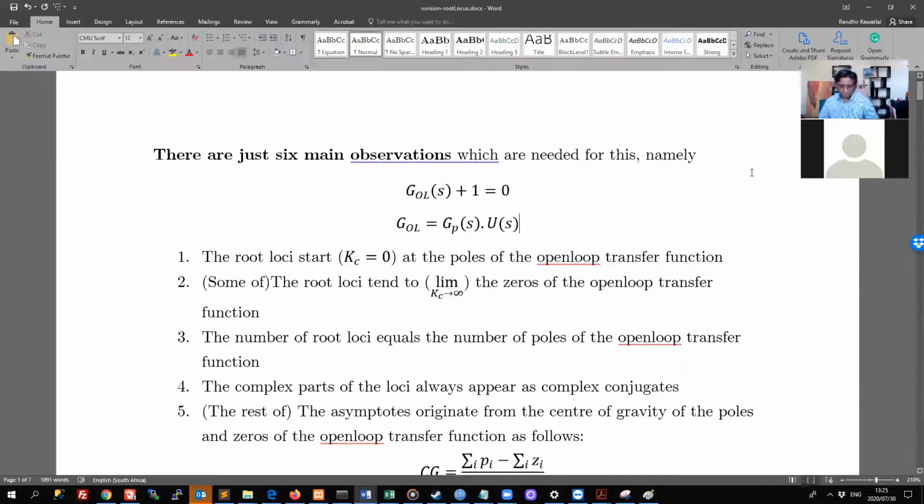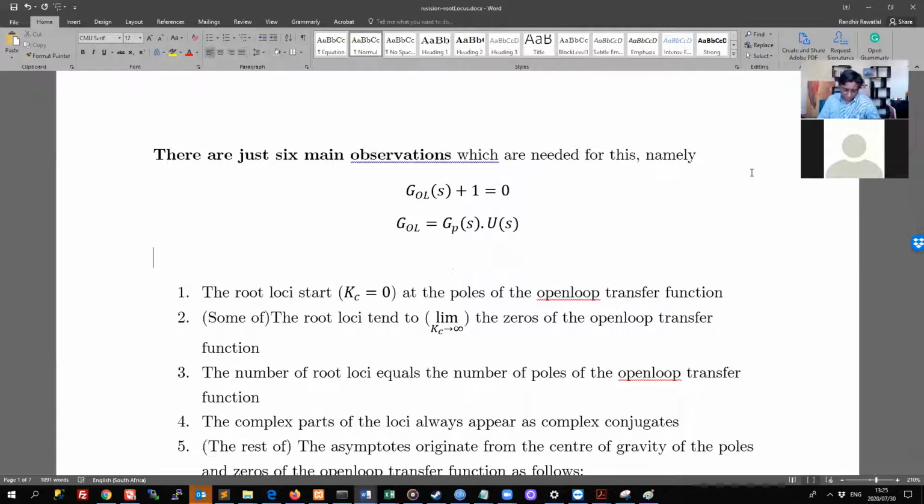So it might be a proportional controller, or a proportional integral, or a proportional integral derivative. And so behind these choices, there are some parameters.